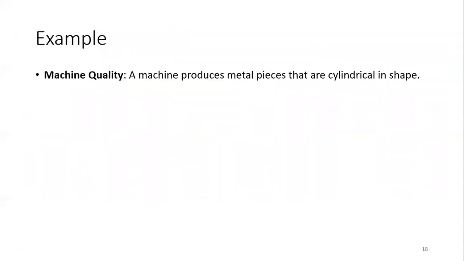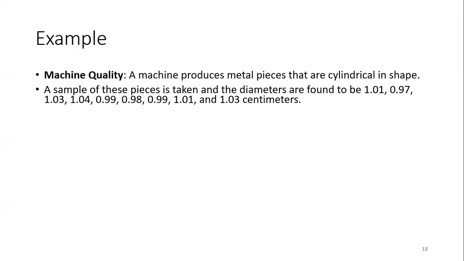So let's finish this argument with an example so that it is crystal clear in your head. A machine produces metal pieces that are cylindrical in shape. You take a sample, and it turns out that the diameters are 1.01, 0.97, up to 1.03.